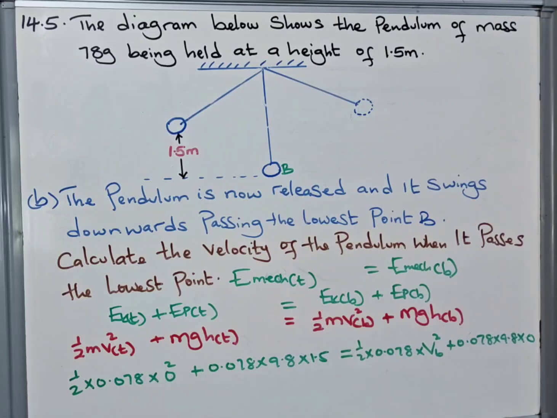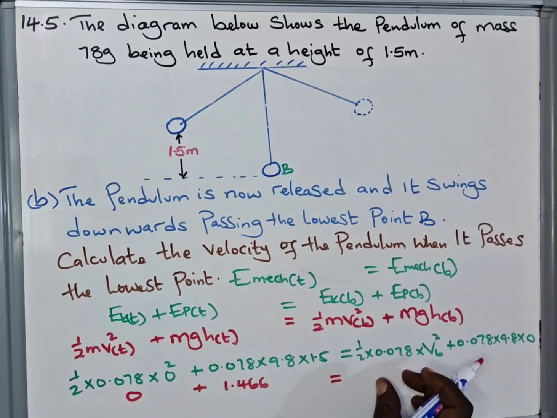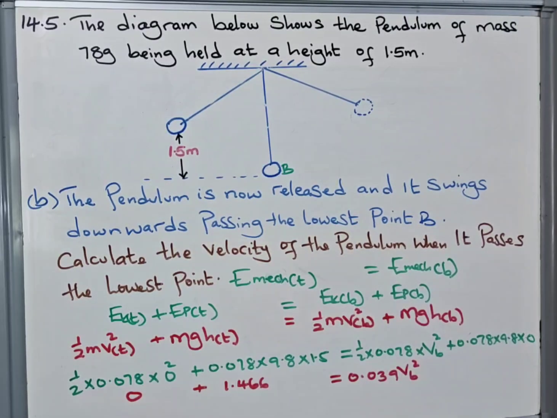So from here, what do we get? Here we have a 0, and here we have 1.1466. This is being equal to a half of that, plus 0.